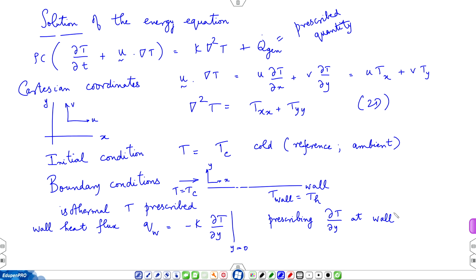Now, what is K? K is thermal conductivity of what? In this problem, we are talking about temperature distribution in the fluid medium. So, this K is the thermal conductivity of the fluid medium above the plate. So, this Q wall is coming from this side and K is of that side. But sometimes we focus on the wall, then of course, K becomes conductivity of the wall.